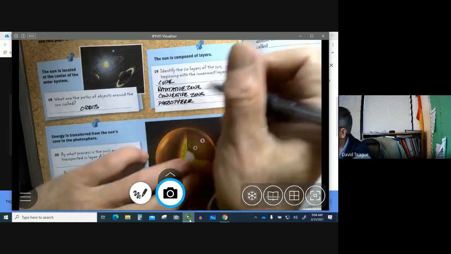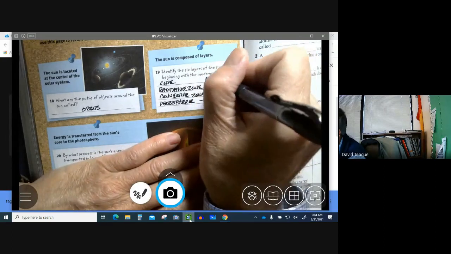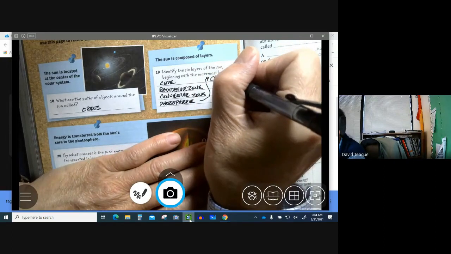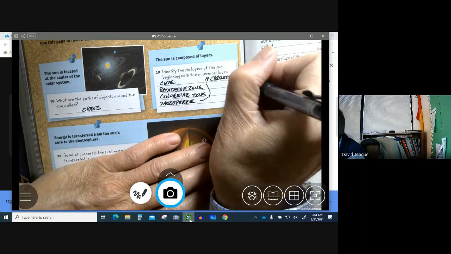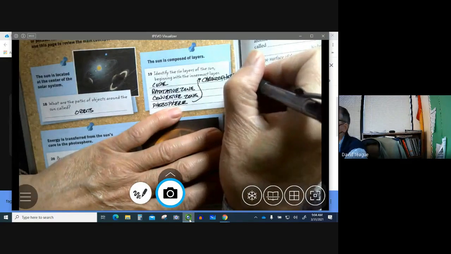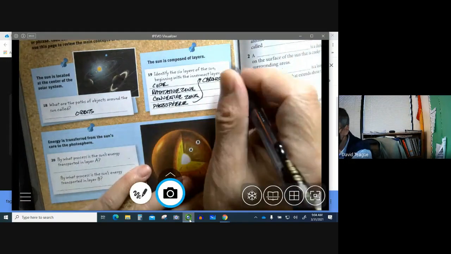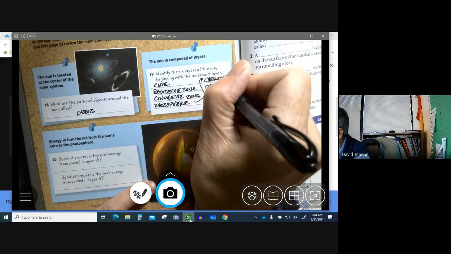You have the chromosphere. Chromosphere, spelled P-H-E-R-E. And last but not least, the corona.